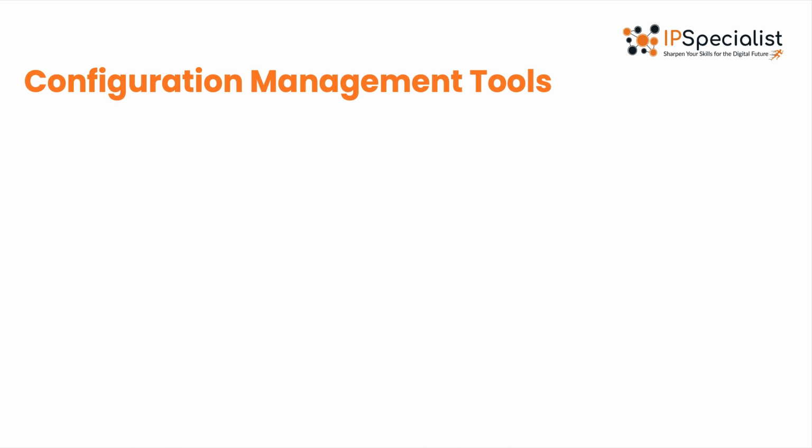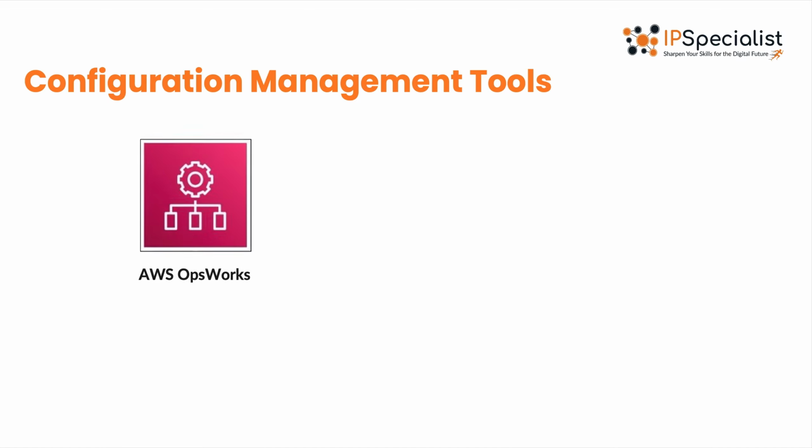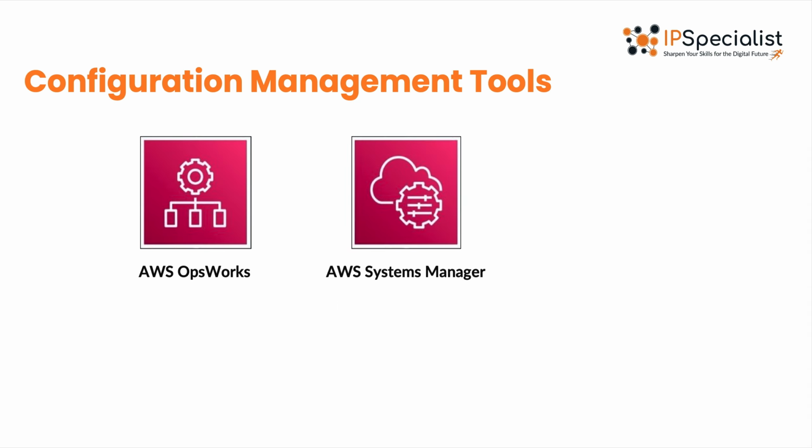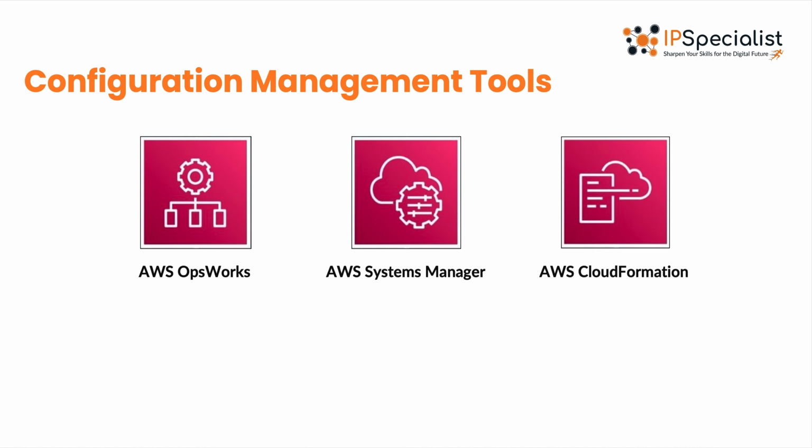Now let's review some of the tools which can help you configure code and manage the settings of your resources. First we have AWS OpsWorks. It's like a handy assistant that helps you set up and manage your servers automatically so you can focus on your projects. Then we have AWS Systems Manager. You can think of it as a toolbox full of helpful tools to manage your AWS resources, making things easier for you. Then we have AWS CloudFormation.